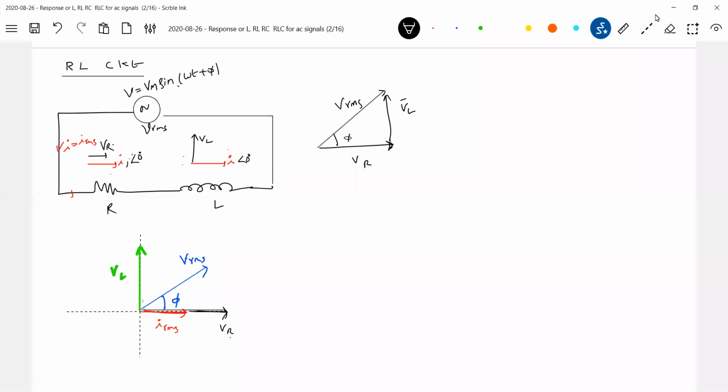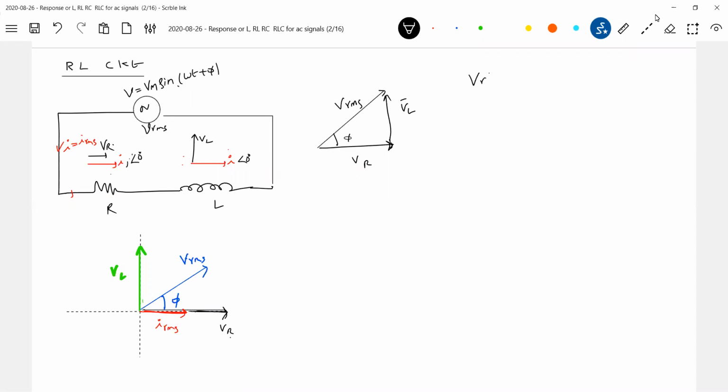So let's define the things. What is the phase angle of the circuit first? First of all, is it VRMS? Is it correct? What these voltages are? They are vectors. So we should do the vector sum of voltages. In an AC circuit, when you are writing out the potential drop, you have to take the vector sum of the potential drops.